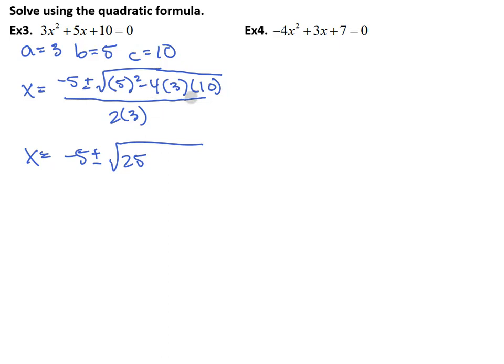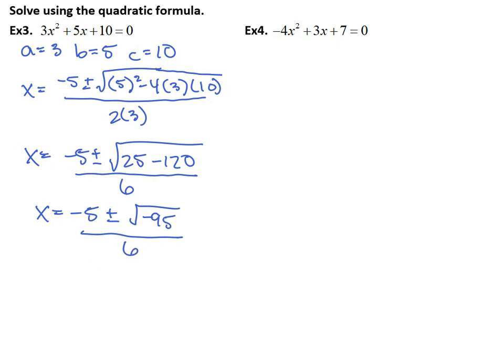Negative 4 times 3 is negative 12, times 10 is negative 120. And simplifying the bottom, 2 times 3 is 6. So negative 5 plus or minus 25 minus 120 is negative 95, all over 6.